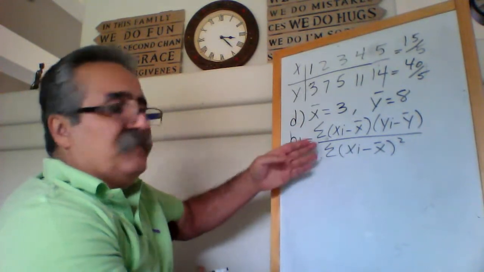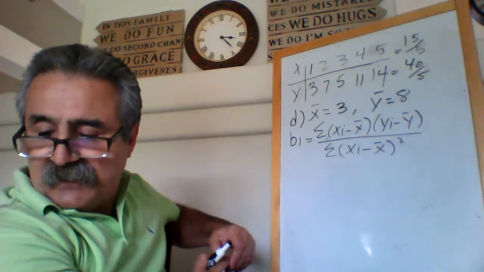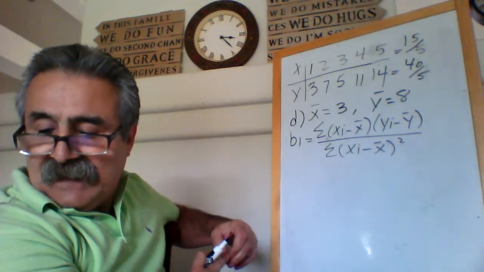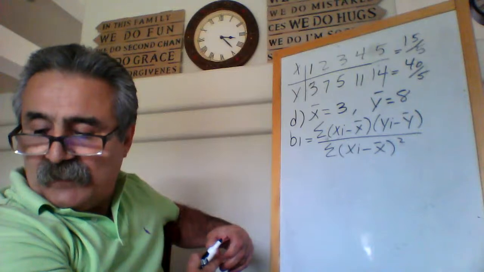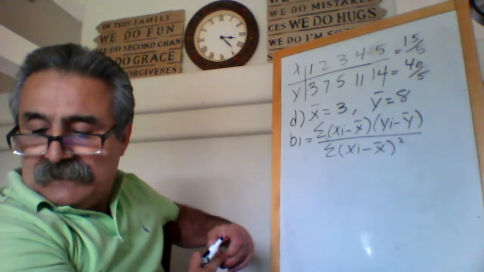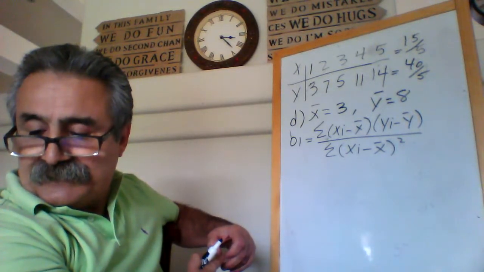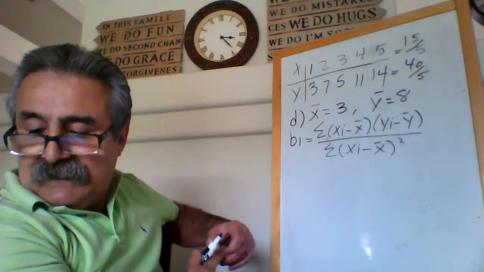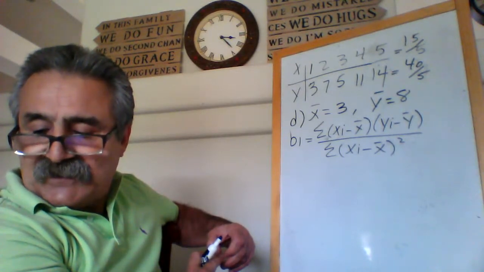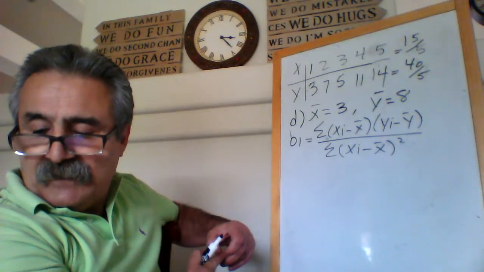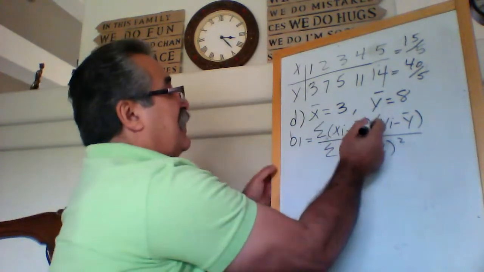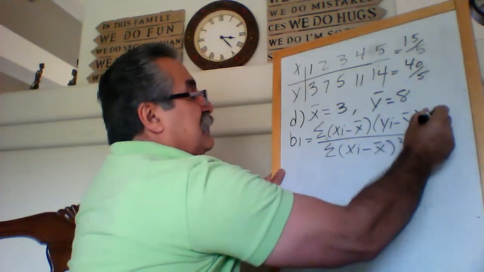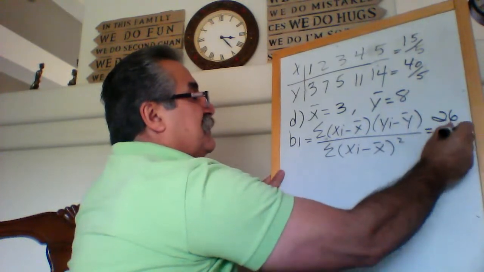So I have the value of xi minus x bar and yi minus y bar. The top value is 26.